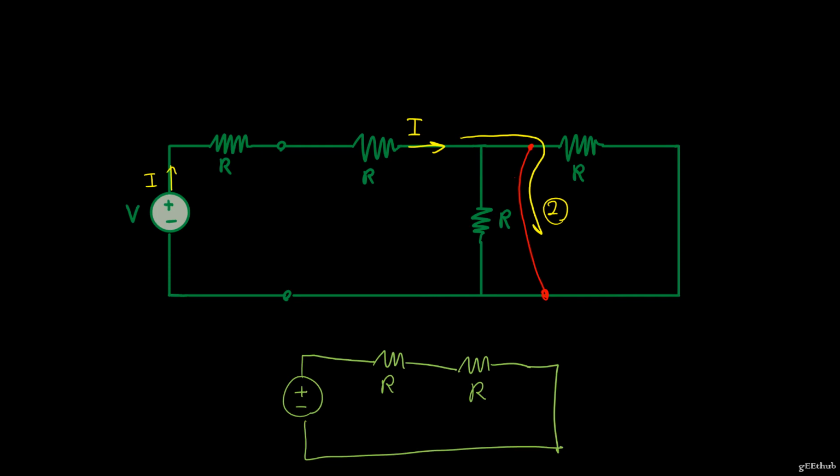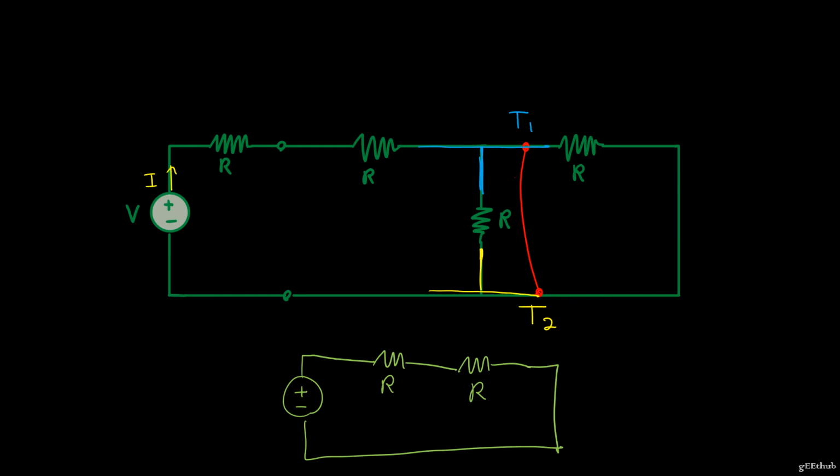So if you're gonna reason this in a better way for yourself, you could do this. You could say my short has two terminals. Terminal 1 is located on this node in blue, and terminal 2 is located on this node.